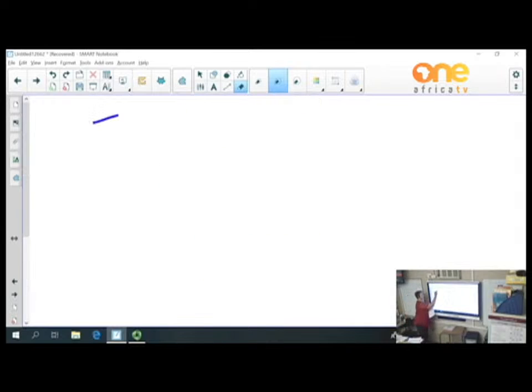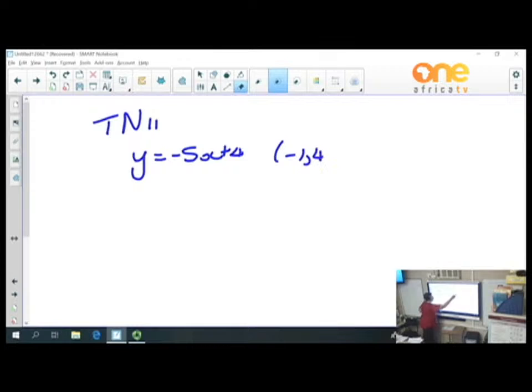Okay, now we're marking try now 11. Try now 11. Determine the equation of the line that is parallel to y is equal to negative 5x plus 4, and it is passing through the point negative 1, 4. This is what we have to do now. So what do you know if it is parallel?